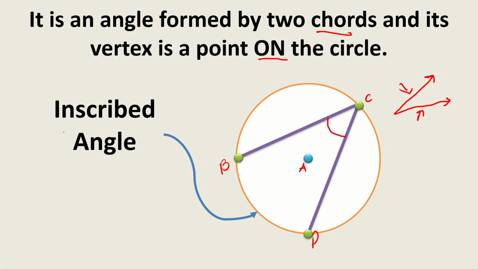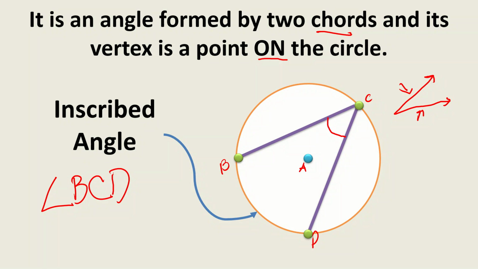So katulad kay central angle, ang pagpapangalan, this is angle, start with the first point to the end point, so B, followed by the vertex, that is point C, then the other endpoint, so point D. So this inscribed angle is named as angle BCD.